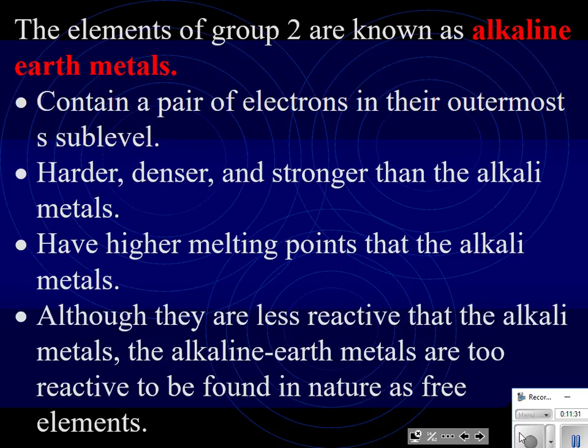They are harder, denser, and stronger than the alkali metals, and they have higher melting points than the alkali metals. They are less reactive than the alkali metals, but they are still too reactive to be found free in nature.